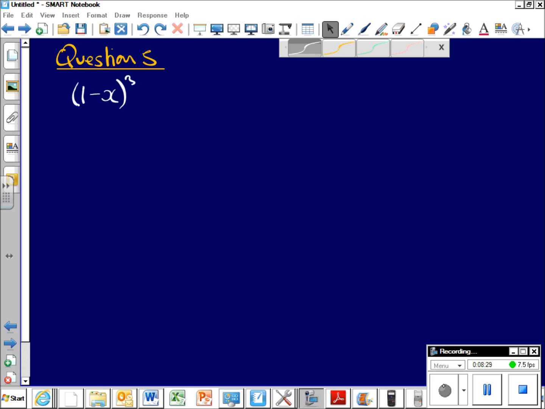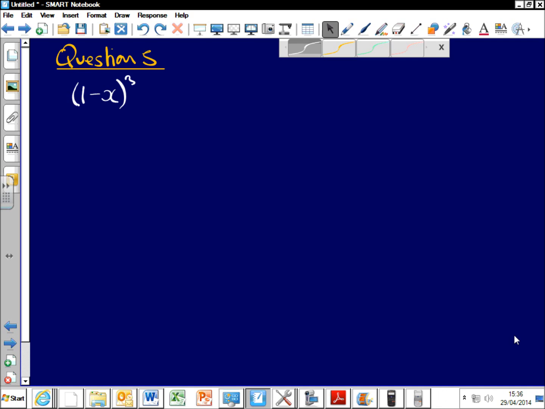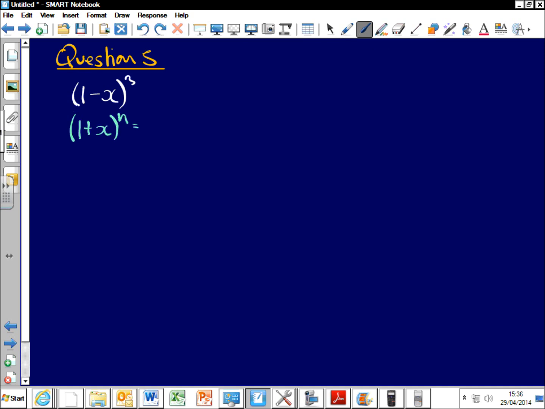So this is question 5, which is to do with binomial expansions. You could multiply this out, but it's really testing whether you can do binomial expansion. You'll have in the formula book a way of doing the expansion of 1 plus x to the power of n. That's a general expansion.